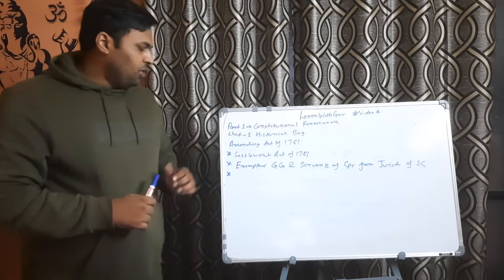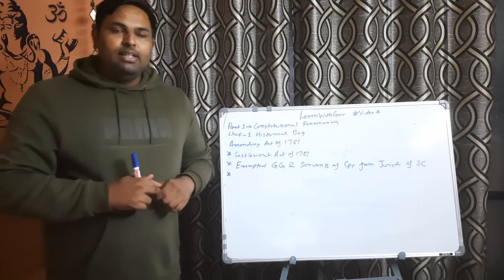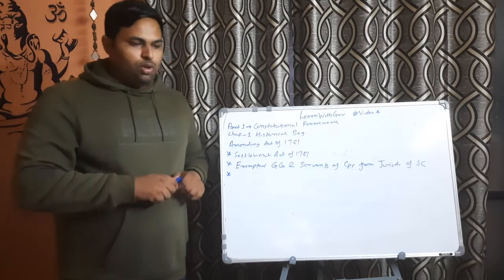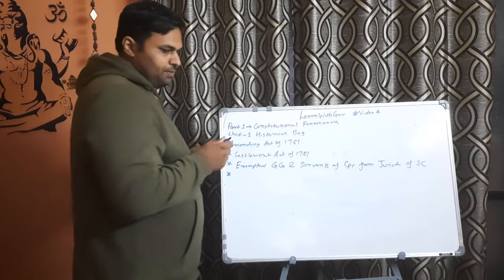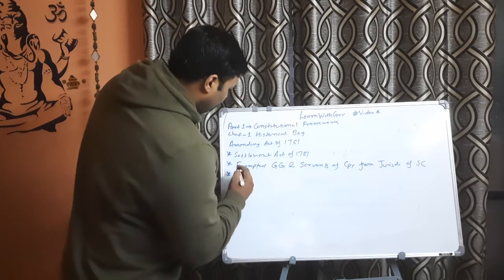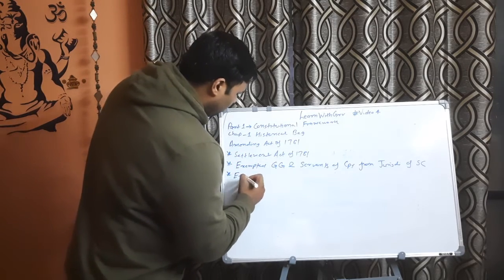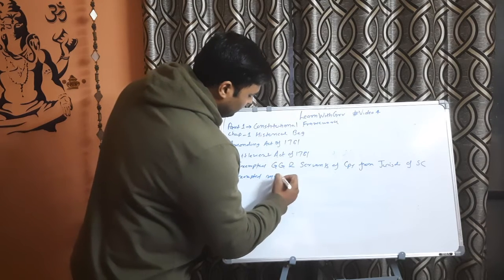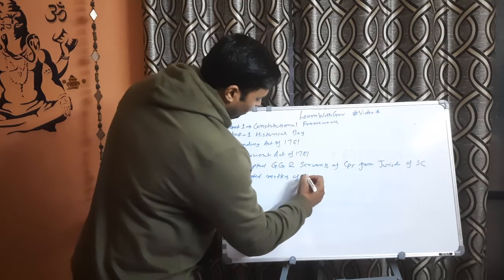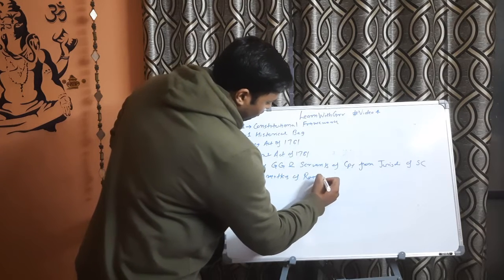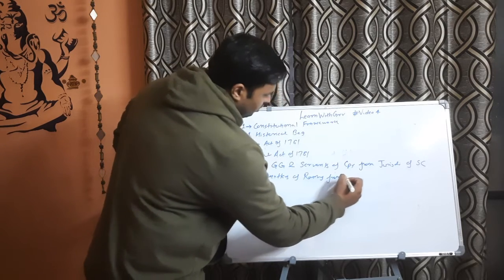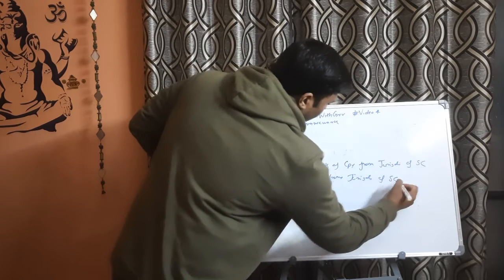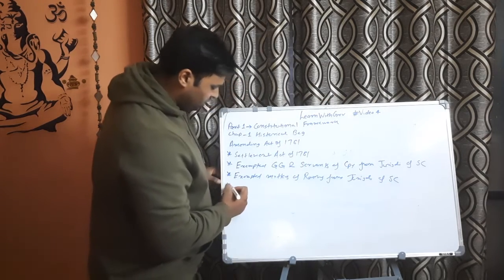This act actually exempted that, and it said that the matters of revenue and the matters arising in the collection of revenue will be exempted from the jurisdiction of the Supreme Court.